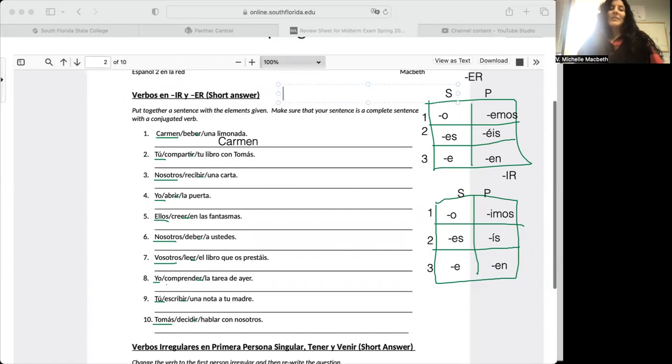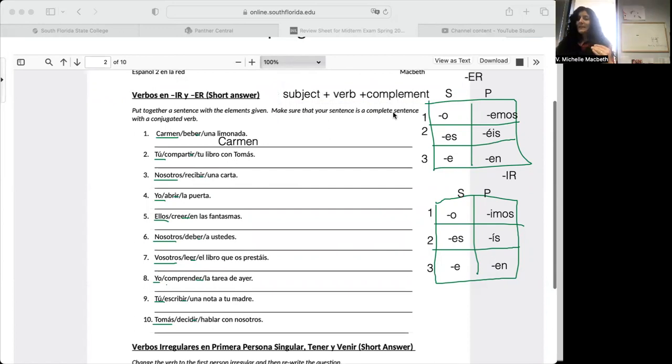I want to put the subject, then I'm going to add the verb, then I'm going to add the complement, which is whatever comes after, right? Okay, so that's just a little formula in my brain. So what is the subject here? It's Carmen, so that comes first. What is the verb that's going to come next? Well, I have beb, that's my root.